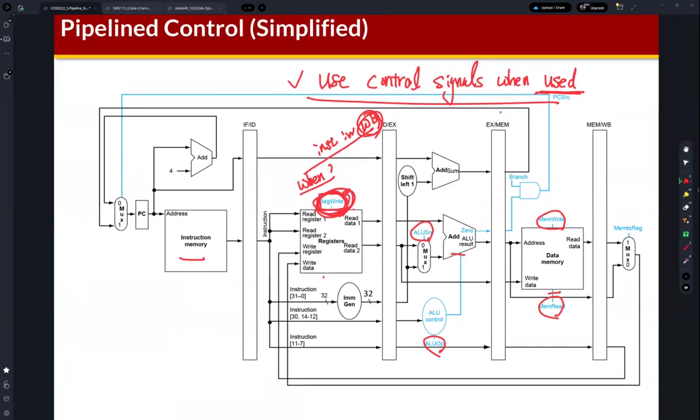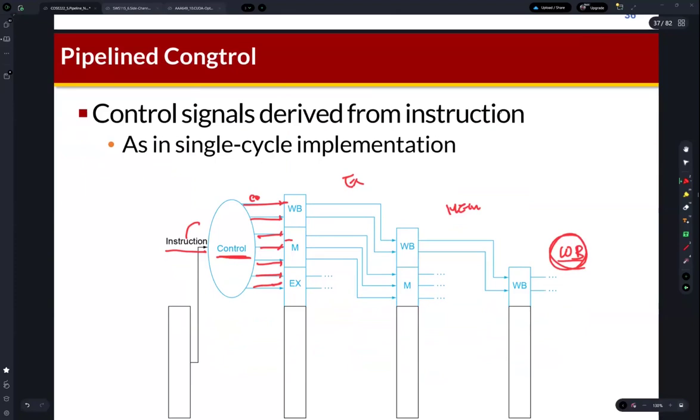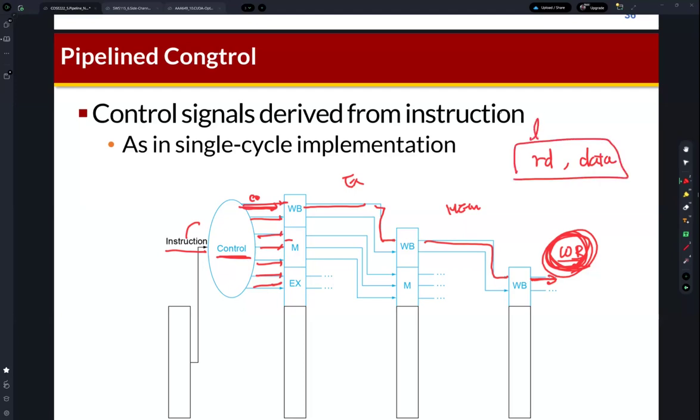This reg write signal is used when an instruction is in the write back stage. It means if the reg write signal is used in the write back stage, then we need to propagate this reg write signal into the write back stage. So it's similar to the RD and data of a load instruction, right?